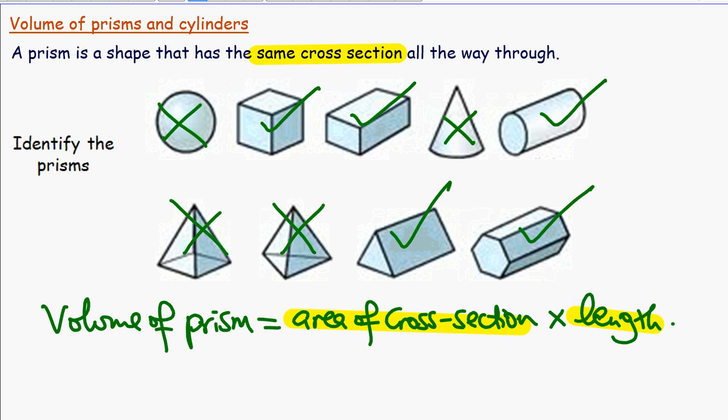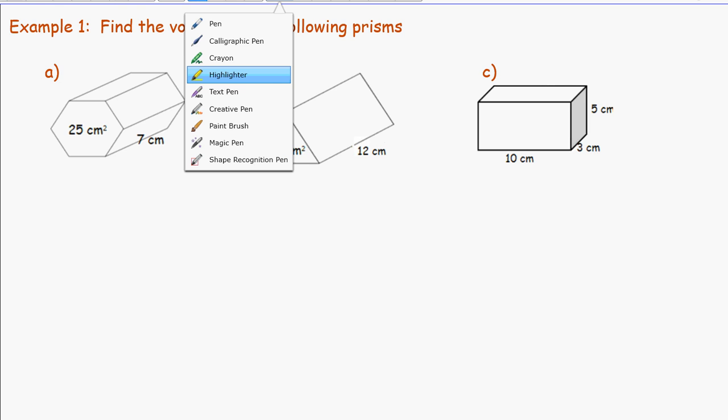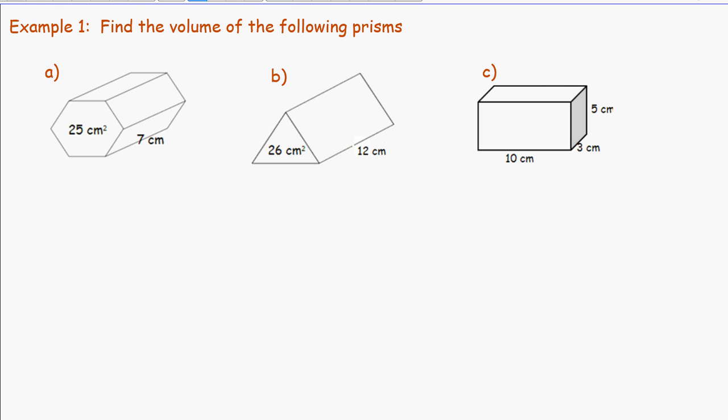For example, in the next page, I'll show you how to work this out. The first thing that you need to do is to identify the cross section. So here, this is the cross section. This is the cross section again. And here, that can be the cross section, that bit at the end. Or actually, it doesn't matter.